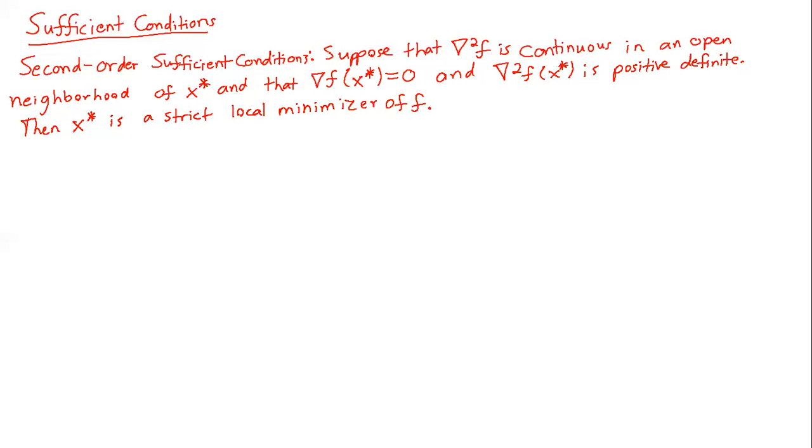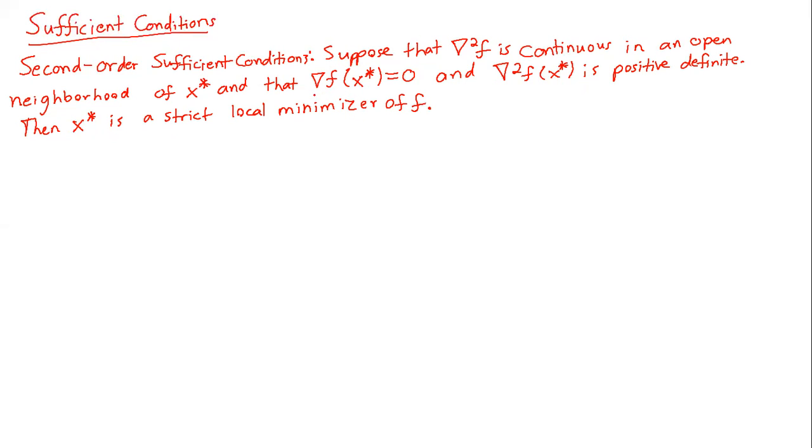So you can start seeing how these might help with algorithms. If I was given an optimization problem, and I knew my objective function had continuous second derivatives in the domain I'm looking at, then if I find a point where this and this are true, it's a strict local minimizer.